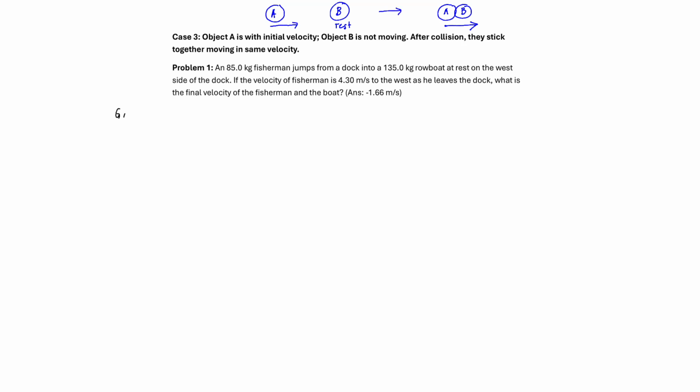And of course, we're going to have our given here. The given would be a mass 1, wherein the man is 85 kilograms with an initial velocity of 4.30 meters per second.